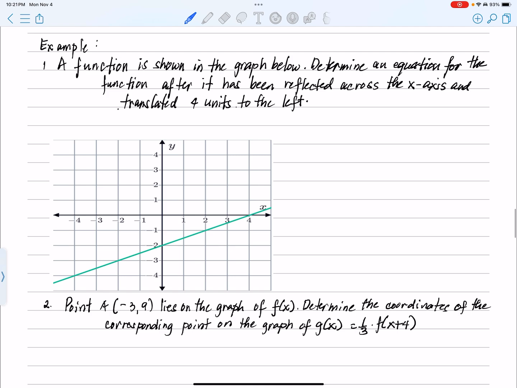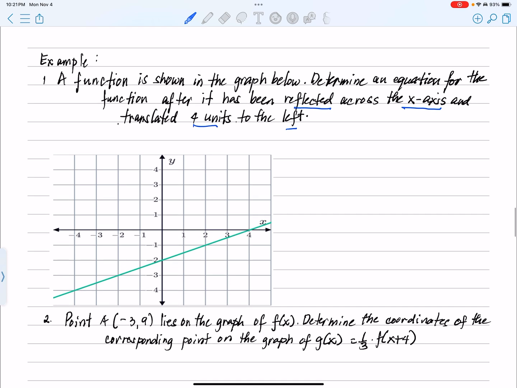All right. Let's have an example to understand more. A function is shown in the graph below. Determine the equation of the function after it has been reflected across the x-axis and translated 4 units to the left.